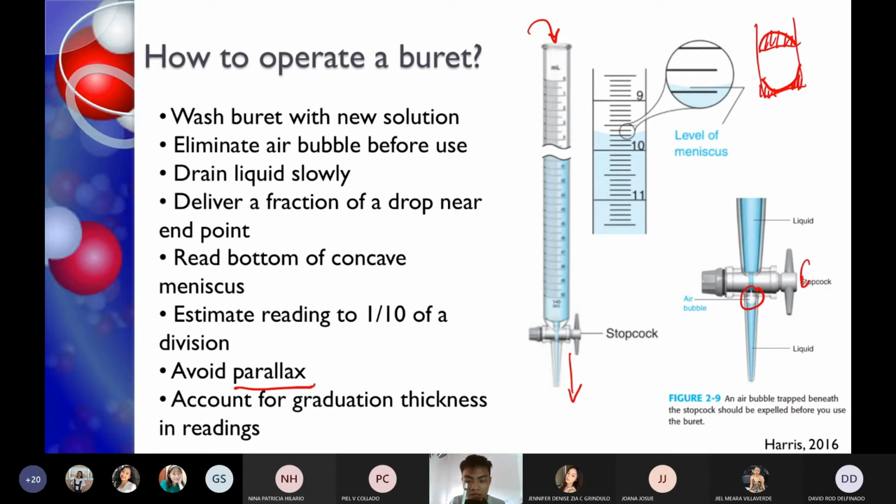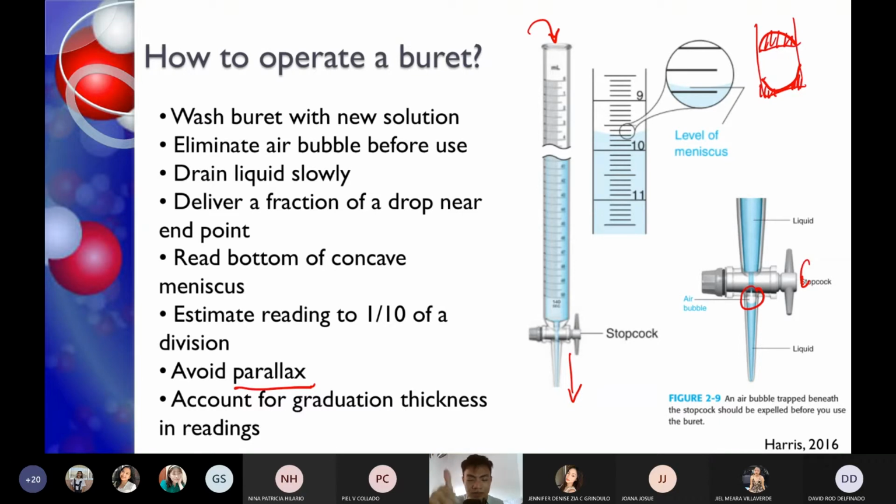Pag tinignan nyo naman yung meniscus na nasa taas ng mata nyo, mamamali rin kayo ng reading. So, in order to avoid parallax errors, kailangan the meniscus is at your eye level. If you have to bring down your burette from its clamp, kailangan nyo gawin. Minsan nga ginagawa ng students ko, gumagamit pa sila ng upuan in order to see the meniscus at eye level.